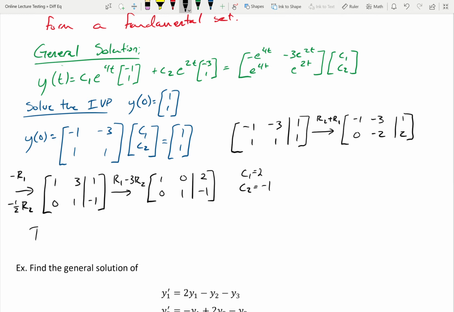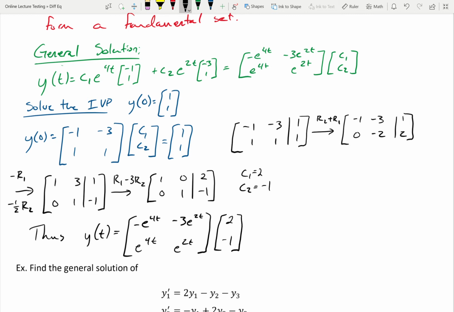Therefore, thus, y of t is equal to negative e to the 4t, negative 3e to the 2t, e to the 4t, e to the 2t, times 2, negative 1. And that's all we have to do.